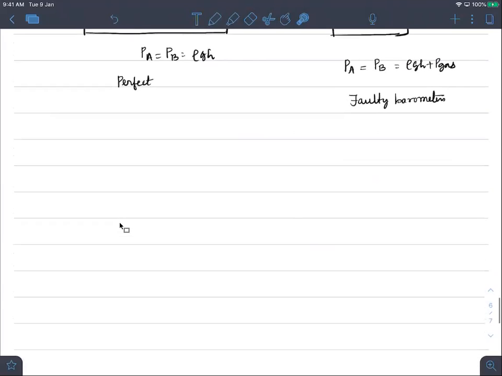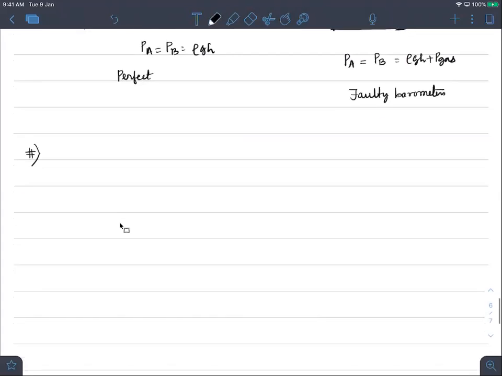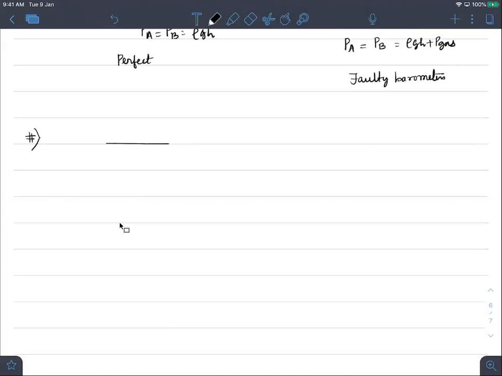Okay. Now one typical question that comes from this area, especially from column pressures, is when a column is being kept on a particular horizontal surface, and let's say there is some mercury column there, and there is some gas stuck in it, P gas.